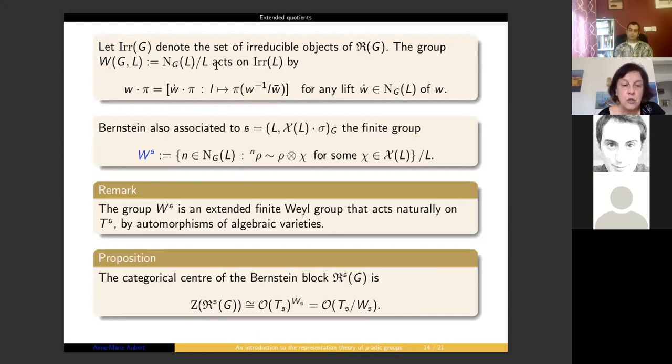So we can consider the normalizer. This is very similar to what we had yesterday regarding the group attached to discrete series.